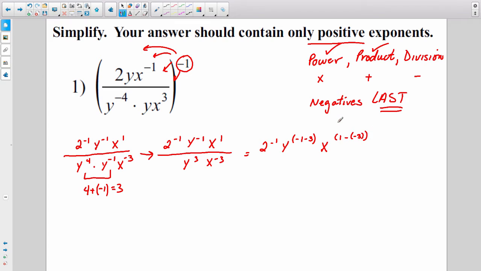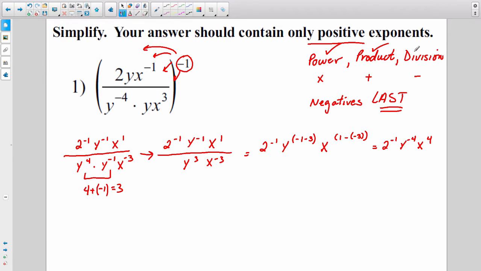And that's the gotcha right there. It's the double negative, so you're actually going to add. So let's simplify this. We have 2 to the -1 times y to the -4 times x to the +4.